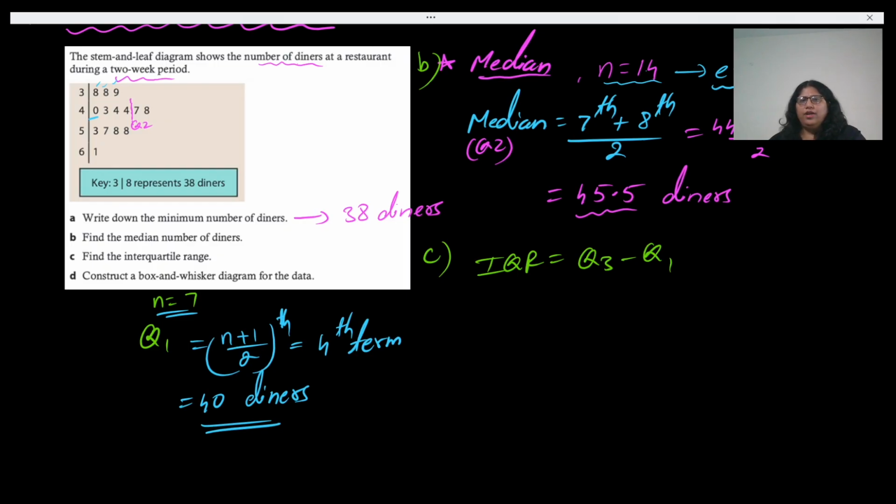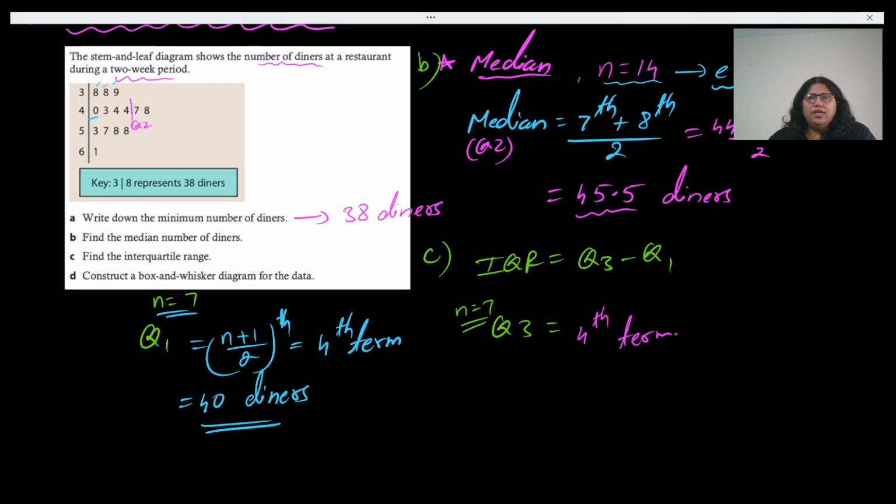Similarly, to find Q3, which is the upper quartile, we consider the second half, and in the second half also the n value is 7. So from the middle, I take the fourth term going to the right side. This whole data is divided like this: this is the first set of data, and then 47, 48, this is the second set of data.